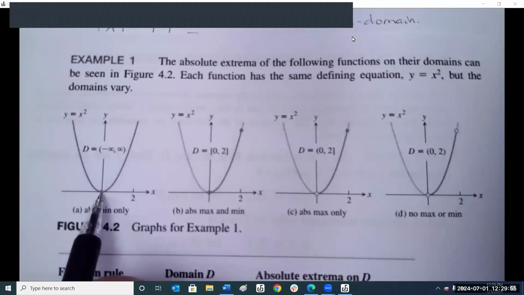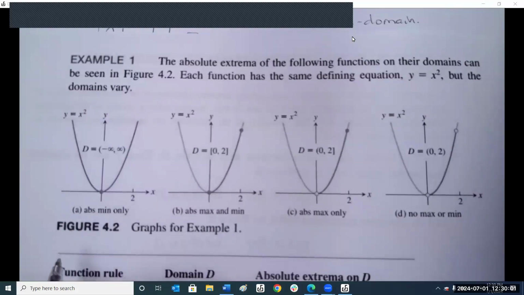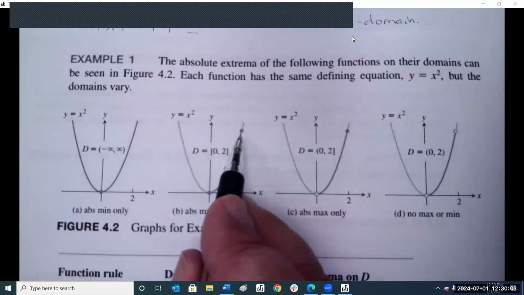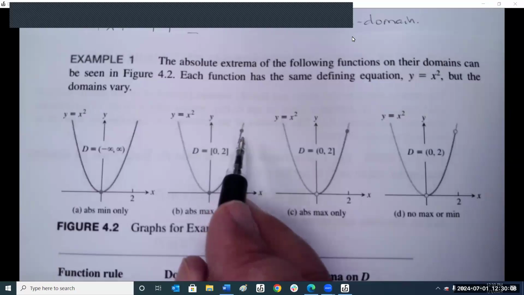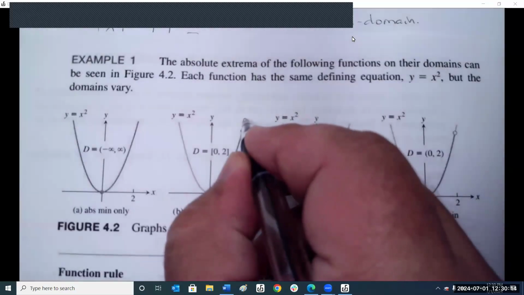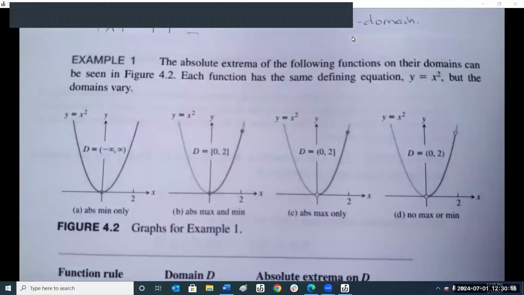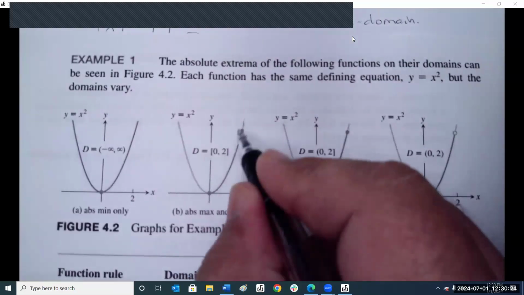Yes, it's a minima. Are there any other points below there? Nope. So it's the absolute minimum. How about this one? Is it a maximum? No, because there's a graph after it. So it's not an absolute maximum or even a relative because we wouldn't even look at that.